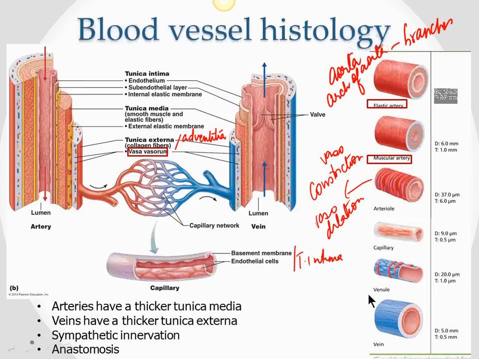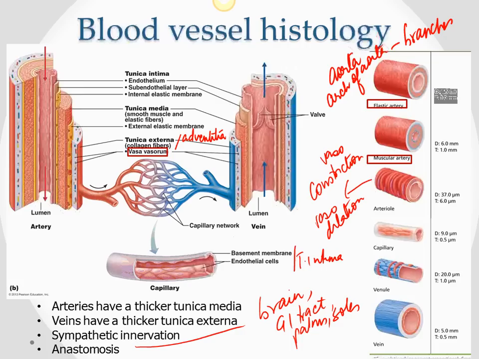Now, wherever blood vessels meet each other, we call that an anastomosis. Arterial anastomoses are very common in the brain, in the GI tract, in the palms and soles of your hands and feet where you form arches, and certain other parts of the body.